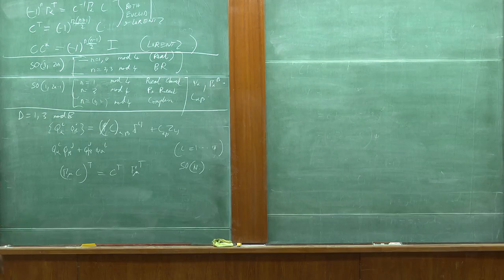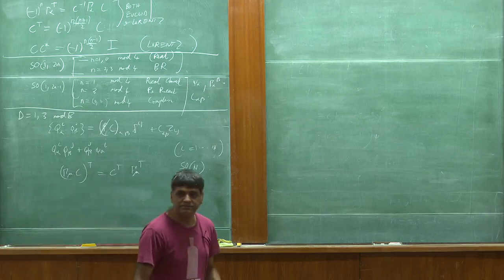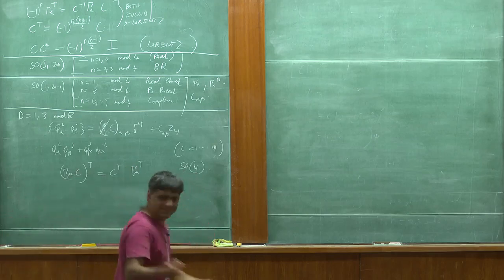But then we'll also have to take C through. Yeah, but gamma mu transpose is C inverse gamma mu C. That's what I'm going to do.